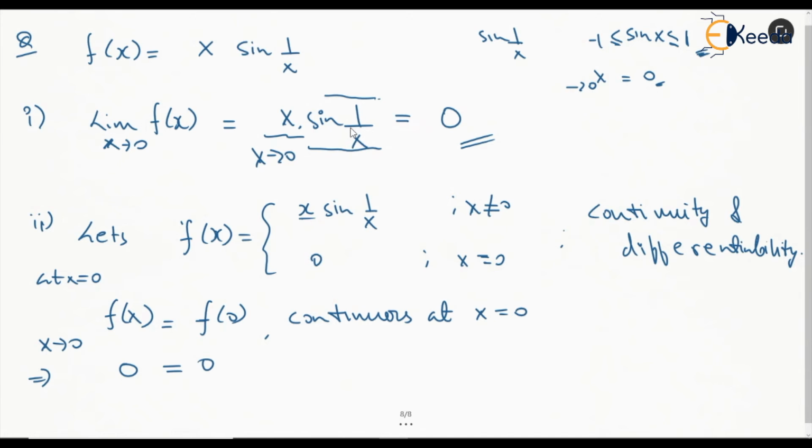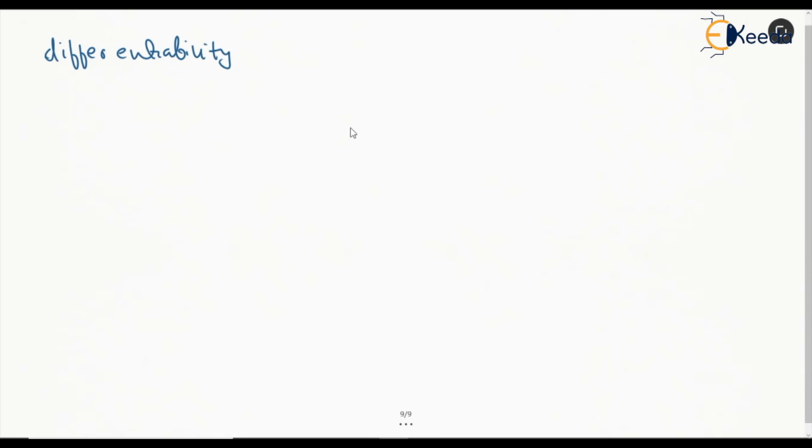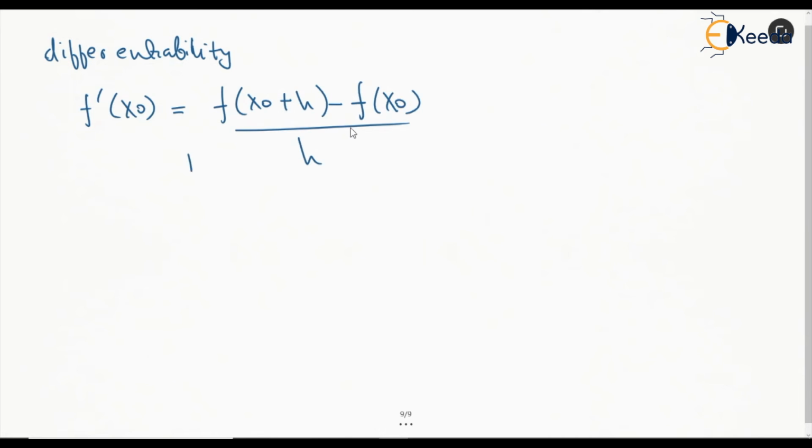And the second part comes on differentiability. So the differentiability at, let's say, x naught will be given as f of x naught plus h minus f of x naught by h for h tends to 0. And in this case, x naught is 0. We are checking it at 0. So this becomes f of h minus f of 0 by h for h tends to 0.